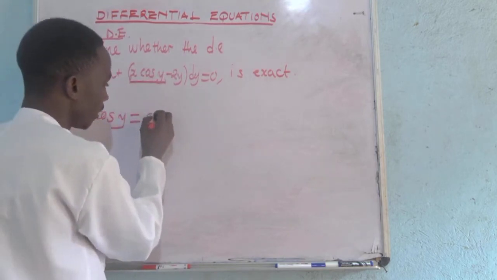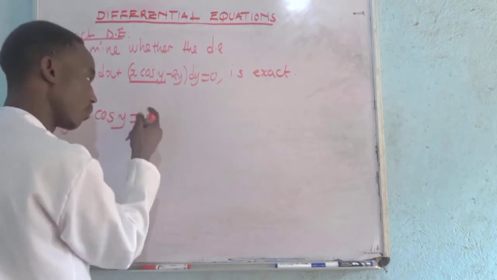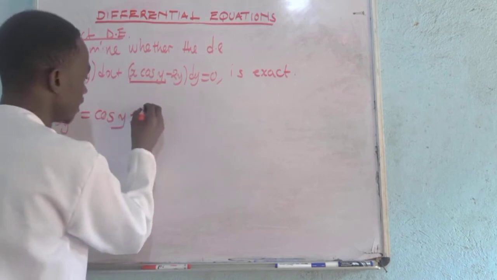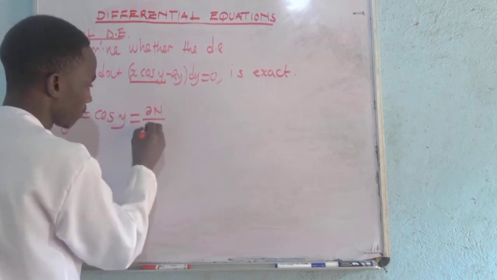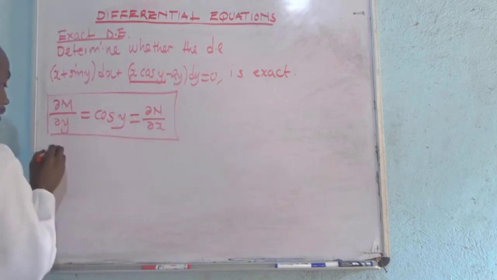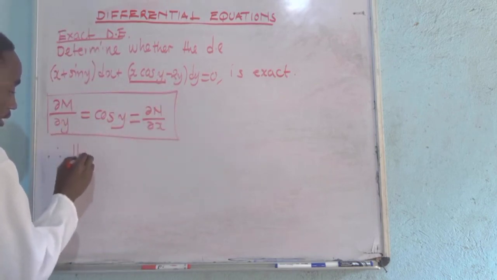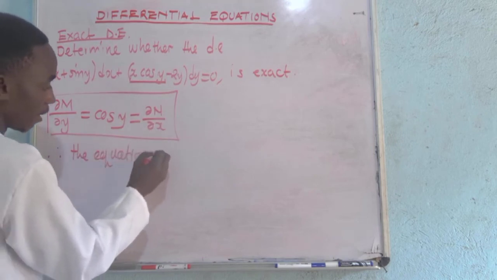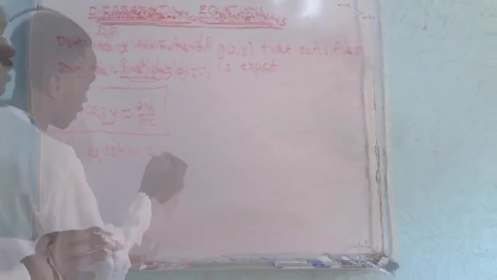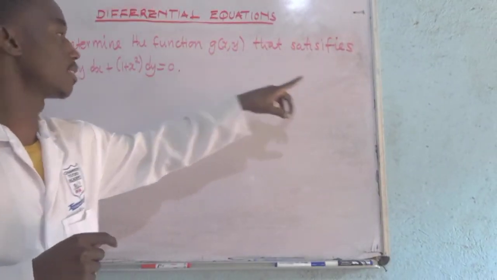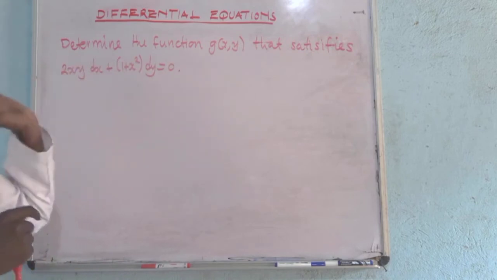So it's as good as having what you have here, such that now you're saying this is then equal to. So from here you can make a conclusion to say, therefore, the equation is exact.